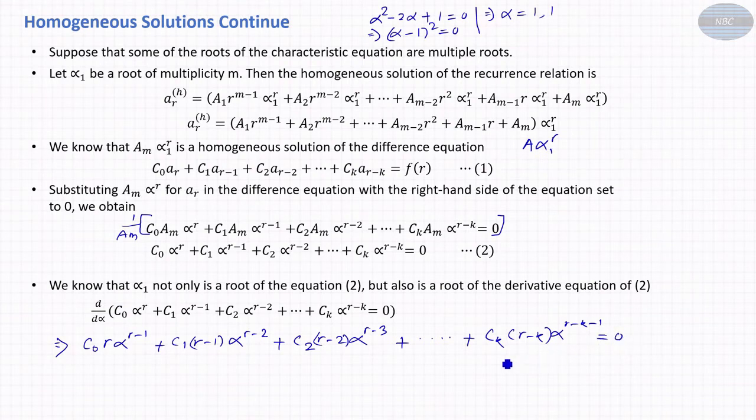Here we use the derivative formula d by dx of x to the power n is equal to n x to the power n minus 1. So d by d alpha of alpha to the power r is r alpha to the power r minus 1. Let us write this equation as 3.